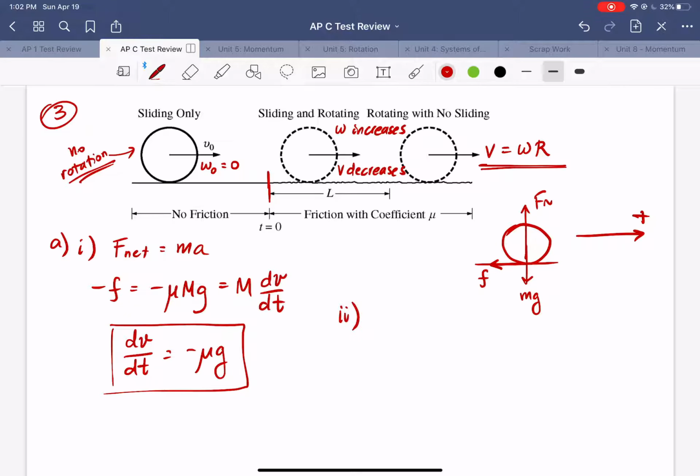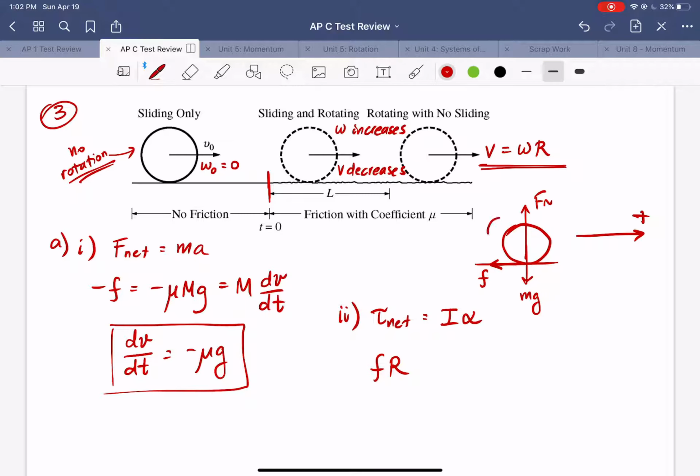For the second one, I want to know how the angular velocity is going to change with time. So I need to use the rotational version of Newton's second law. All right, so here the torque is going to be the friction force multiplied by the radius of the wheel. The torque in this case is going to be positive.